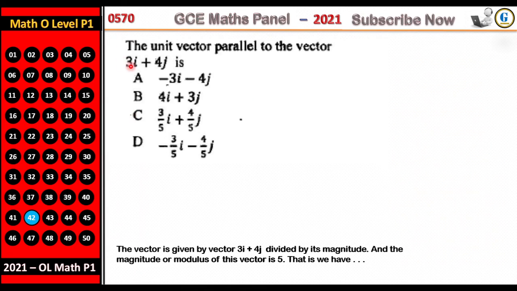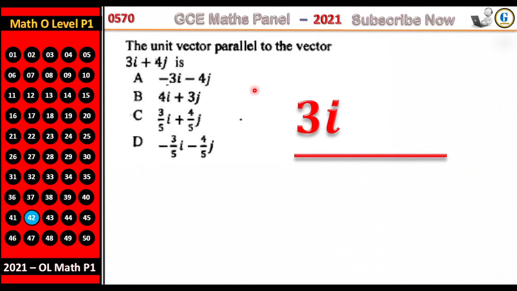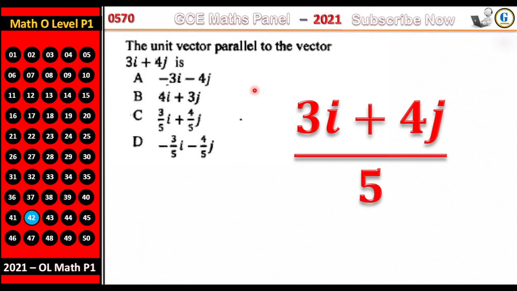The magnitude of this vector is 3 squared plus 4 squared, which is 25. The square root of that is 5. So the unit vector is 3i plus 4j divided by 5, that gives us 3 over 5 i plus 4 over 5 j. Our key here is C.